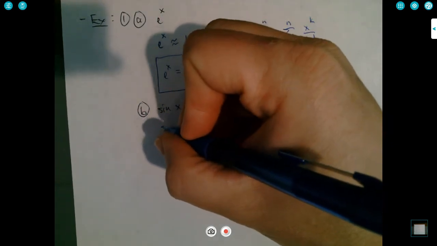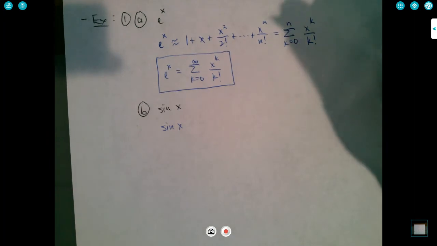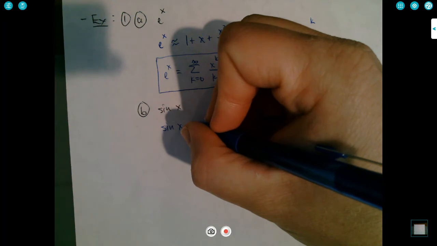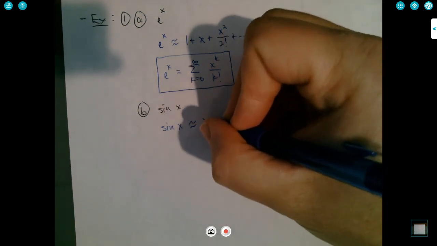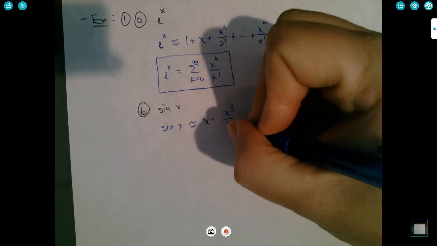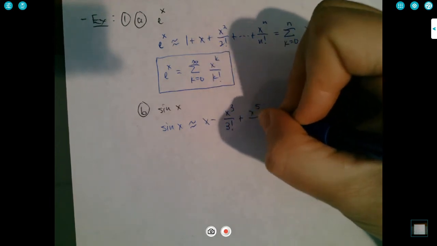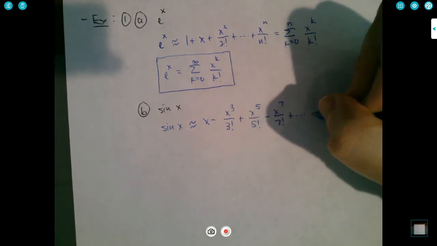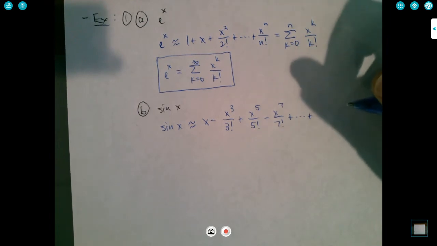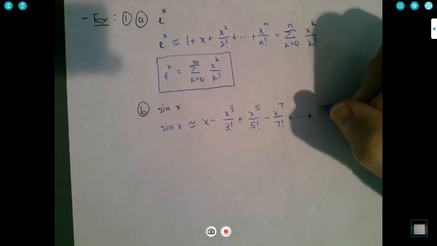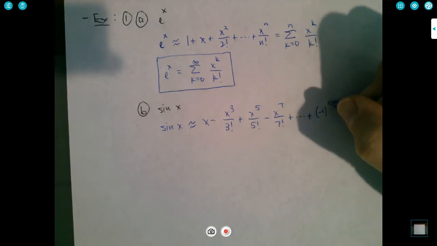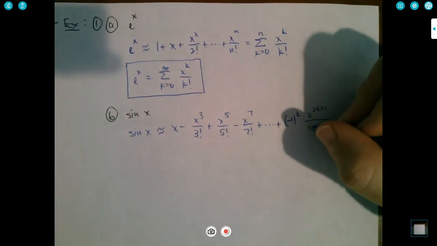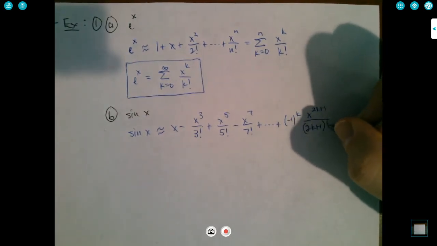So in our work from the previous section, we found that sine x was approximately x minus x cubed over 3 factorial plus x to the 5th over 5 factorial minus x to the 7th over 7 factorial, and so forth, until we got to negative 1 to the k times x to the 2k plus 1 over (2k plus 1) factorial.